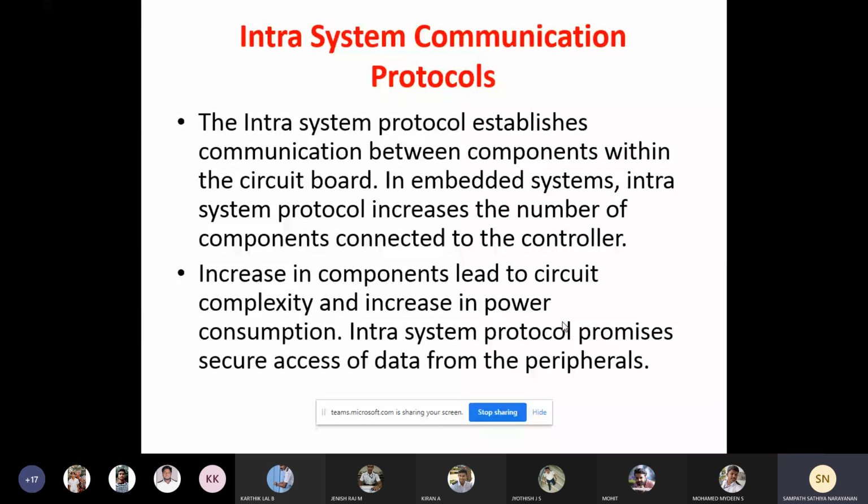If they wanted to communicate with a processor, then these types of intra-system communication protocols will play a major role. The only problem is when the number of ICs increases, it leads to an increase in power consumption. But intra-system communication protocol ensures secure data transmission between the peripherals.